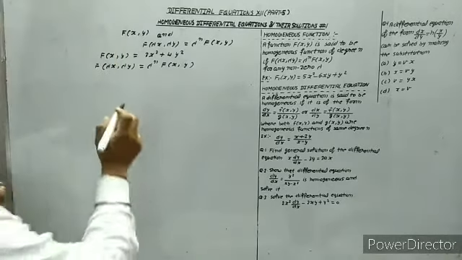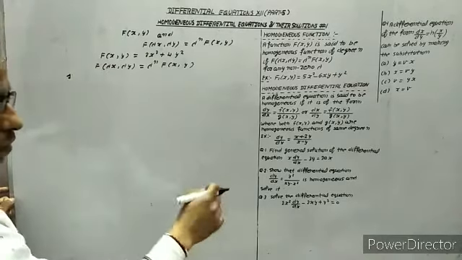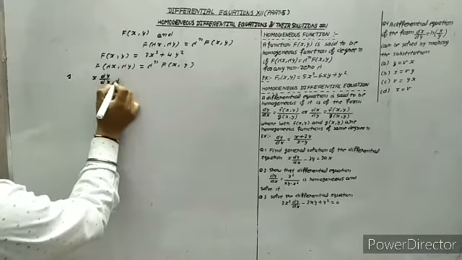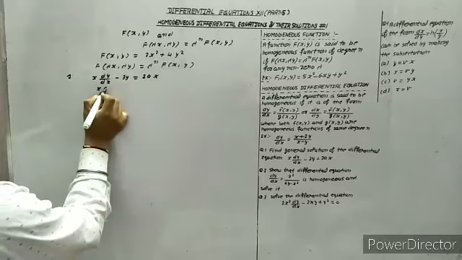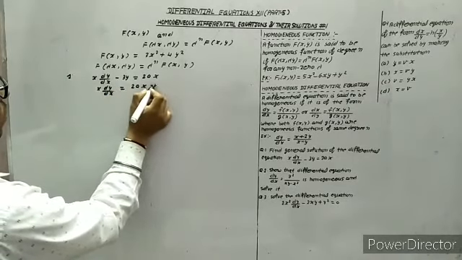So we have to find the general solution of this homogeneous differential equation: x dy/dx - 3y = 2ax. It means x dy/dx = 2ax + 3y.